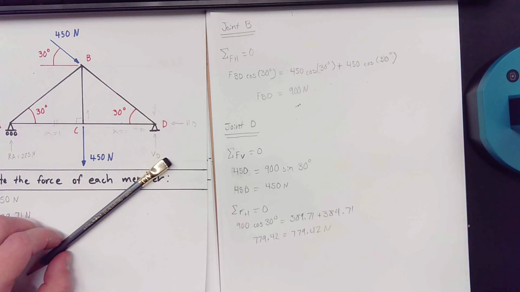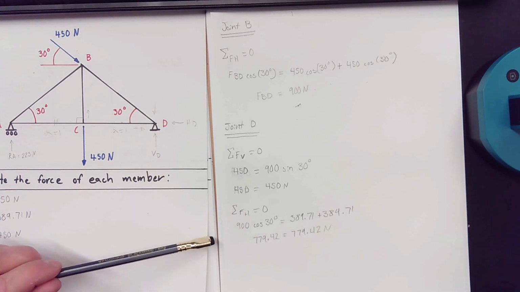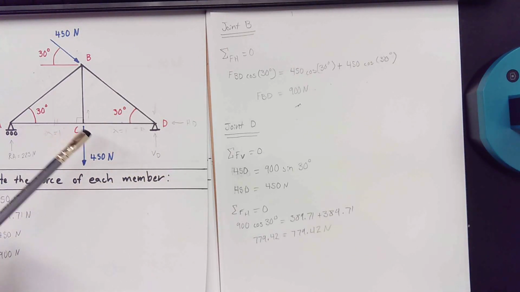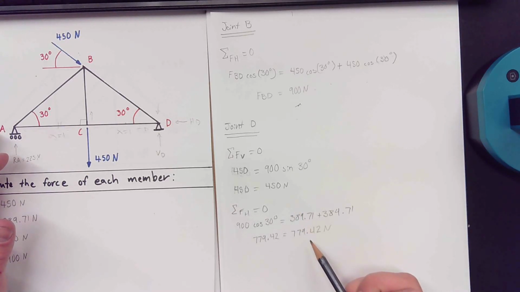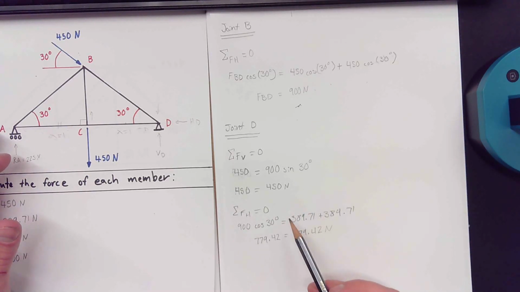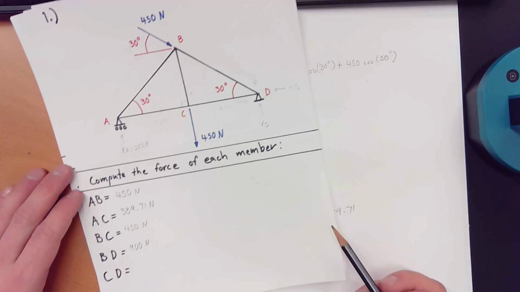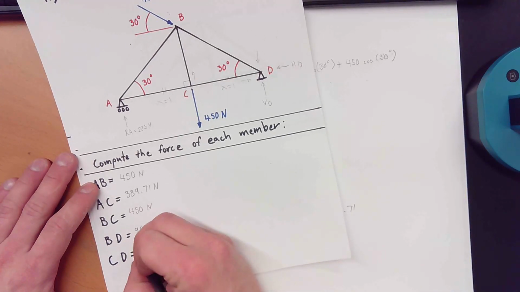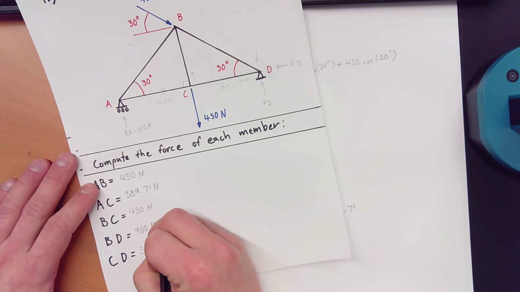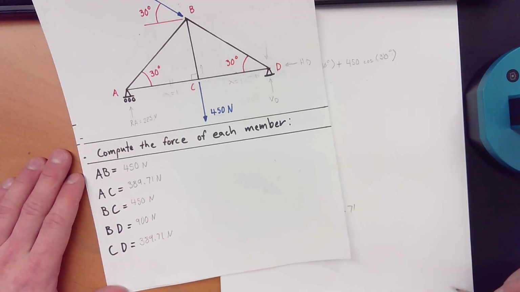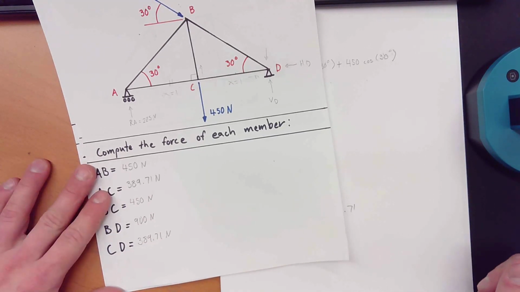This was our way to double check that joint CD was indeed the same as point AC. We had to operate under the assumption that they were because we thought they were. So we're able to write down our final one for point CD, which is going to be 389.71 newtons. All right, we've solved for all of them.